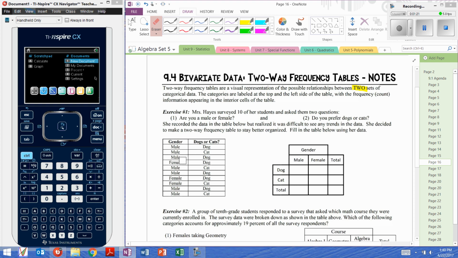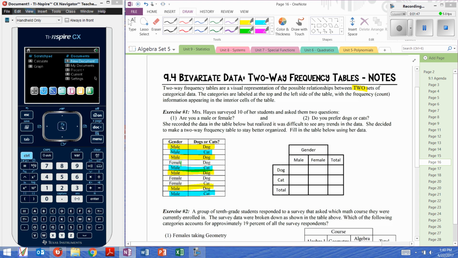All right, so I'm going to use a highlighter to help me. Anytime I see males and dogs, I'm going to highlight it in yellow. Okay, next let's talk about male cat. There's a blue one. Oh, there's another male cat, and another male cat.